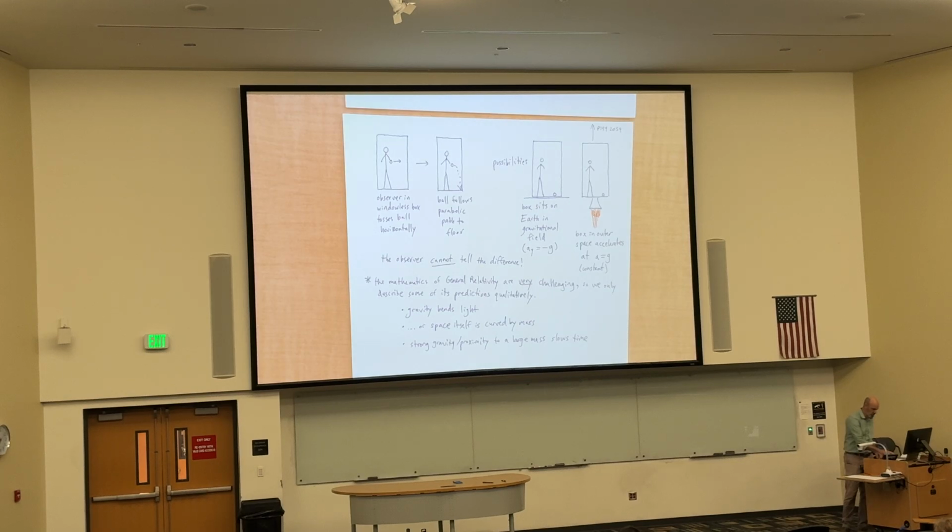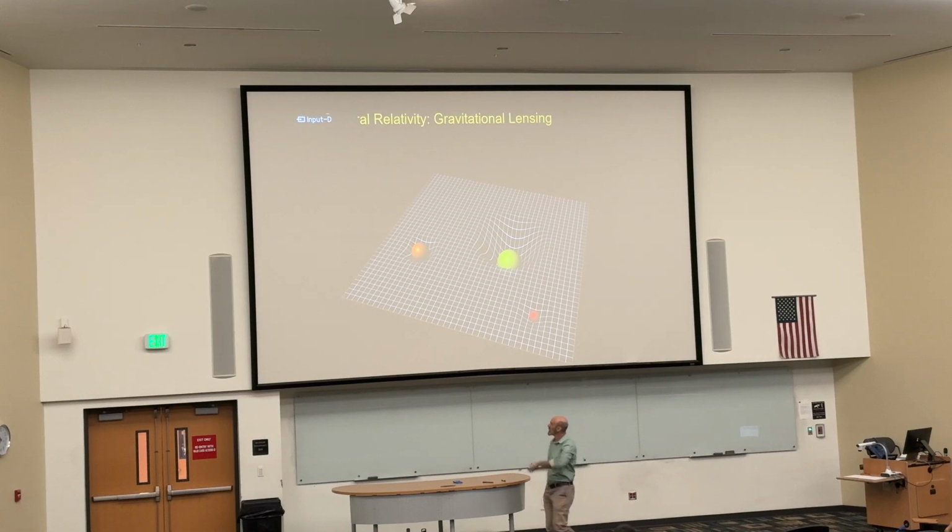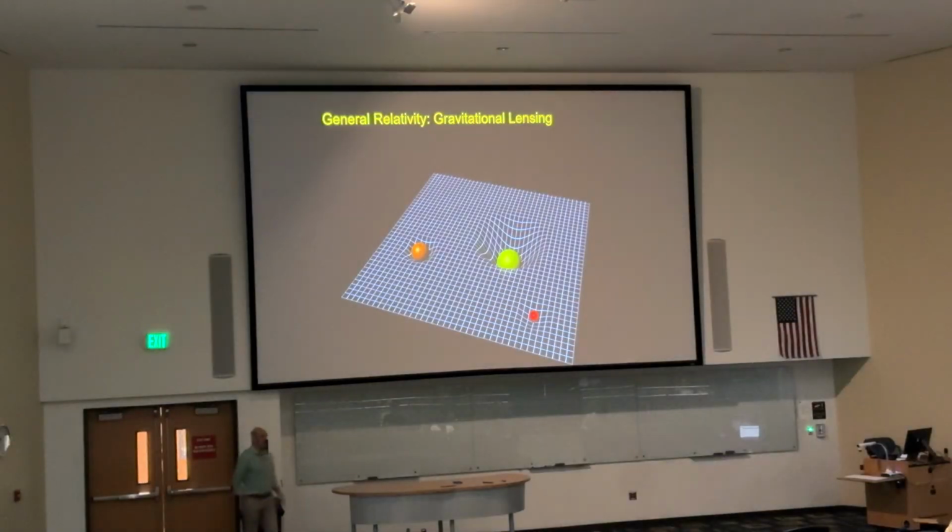But first I want to show you what I mean by gravity bends light, or space itself is curved by mass. If you think about space as a rubber sheet, a little bit like this. You can turn off one of the lights for this. If there's nothing on that sheet, then everything's at right angles and it's perfectly flat.